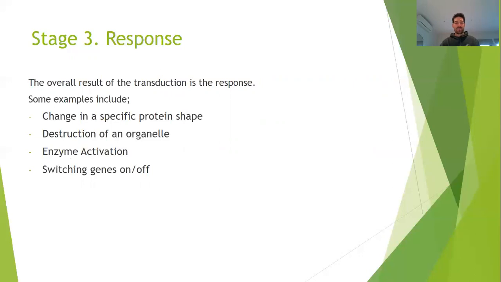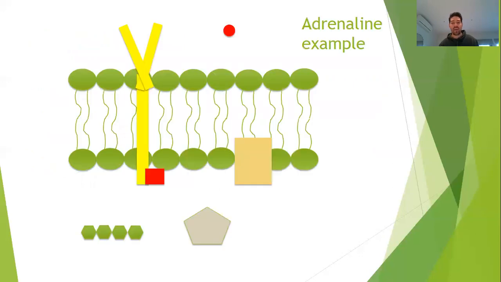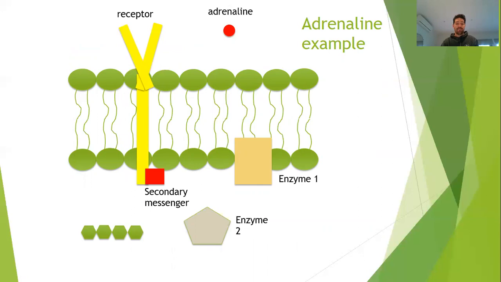So I know it's a little bit tricky, but hopefully this video here will help. This is adrenaline, which we know is just a hormone that our body releases. In this instance, here's our adrenaline, and it's going to bind to a receptor. We'll watch that here. So first, stage one is reception. Now, in this instance, it would be extracellular because our receptor is located on the outside of the cell, up here.